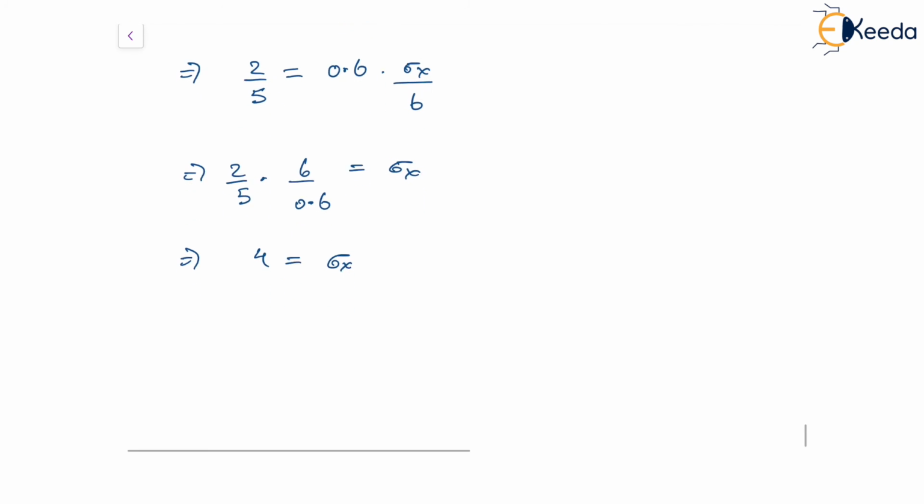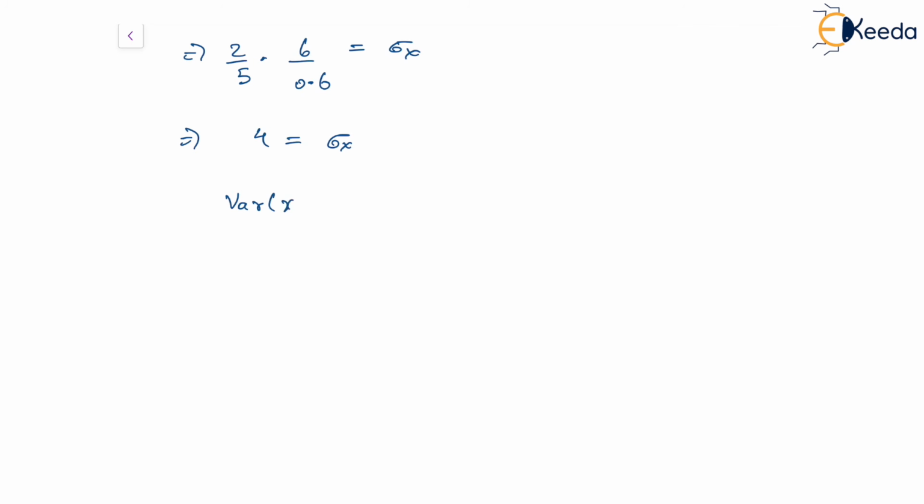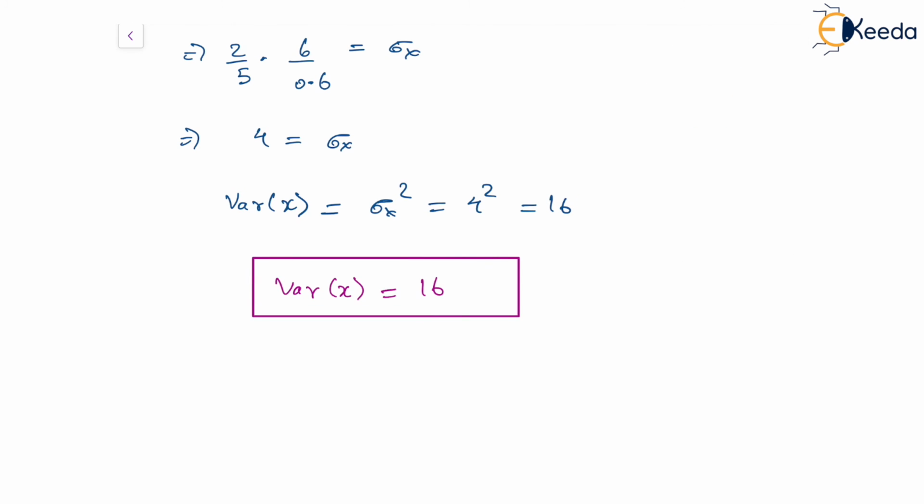So with standard deviation of x equal to 4, variance of x, which is sigma x square, will become 4 square, and that is 16. So the variance of x is 16 in this case. This was the fourth part, and we have found all the parts.